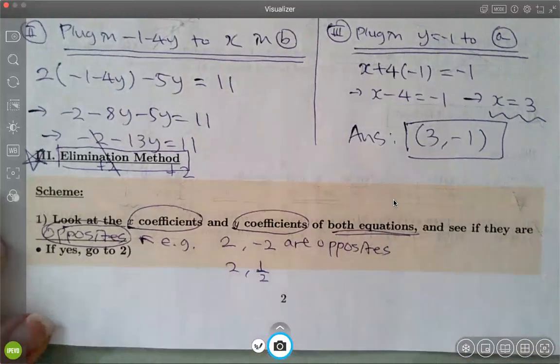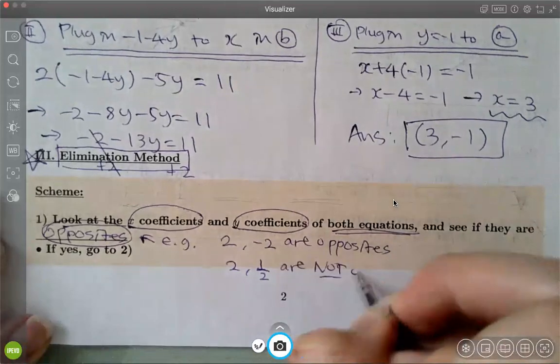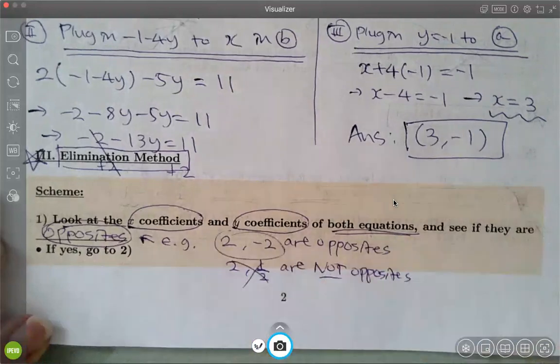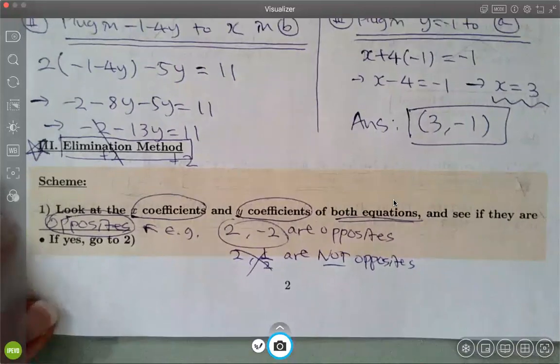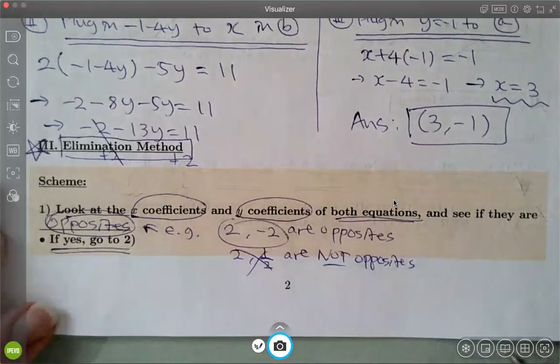They're reciprocals. Okay, so not that, but something like this. So check if x coefficients are opposites or y coefficients are opposites. If that's the case, go to step number 2.